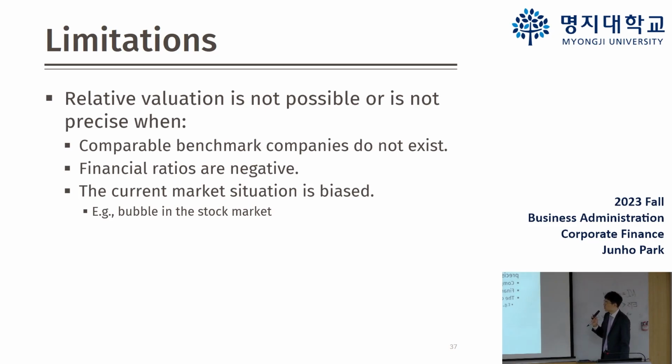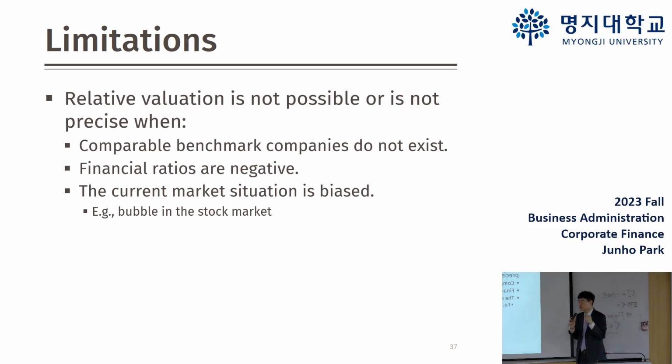So we observed very high stock market returns during this period, and a lot of companies tried to have an IPO because they knew the stock market had a bubble, so if they went IPO right then, their value would be overestimated.